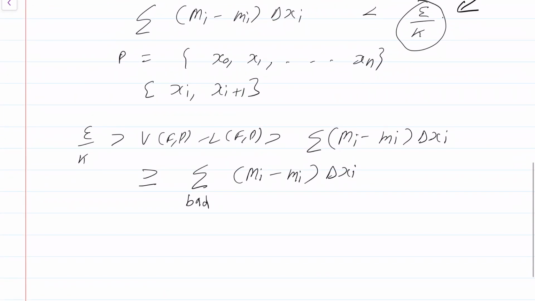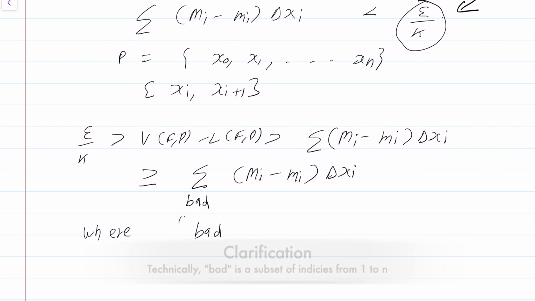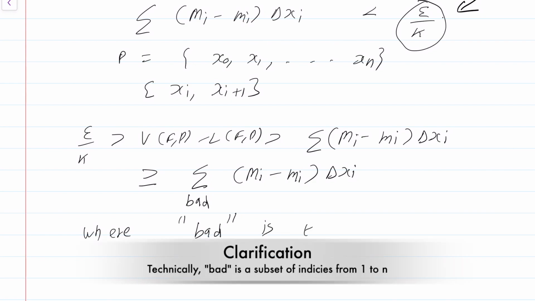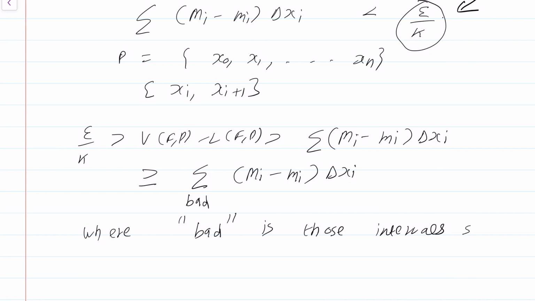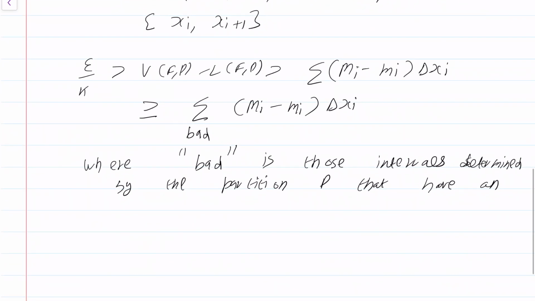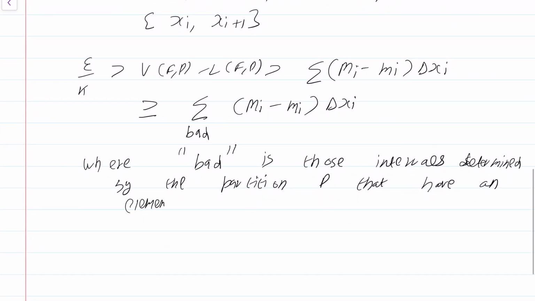What do I mean by sum up over bad? Where bad, let me put this in quotes, is those intervals determined by the partition P that have an element of D_k in its interior.